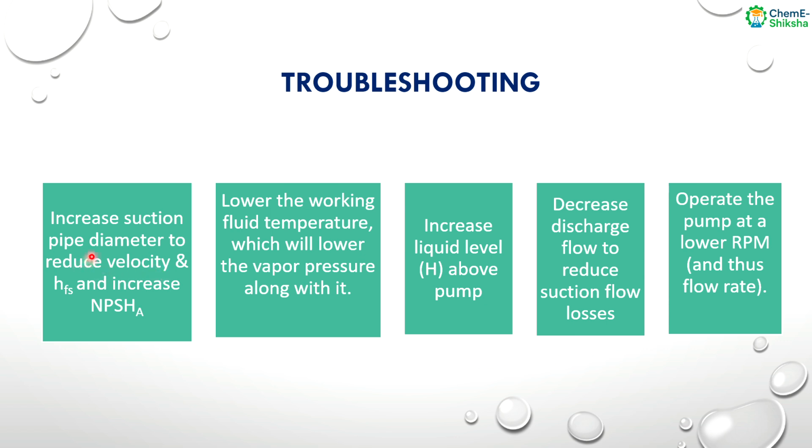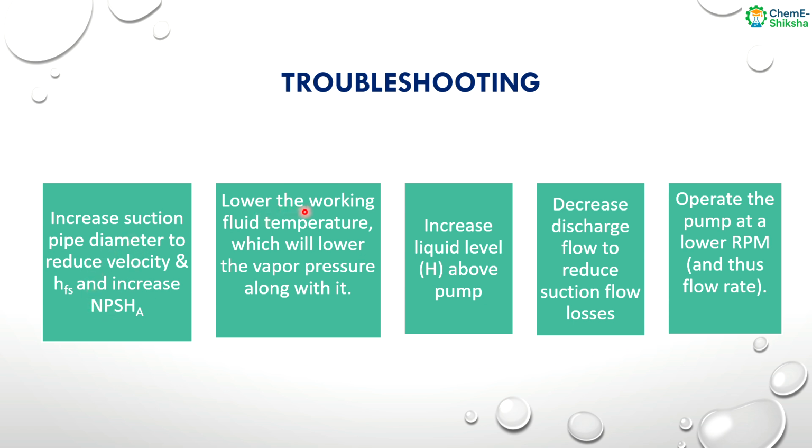So at the suction the velocity is decreased. As velocity is decreased, the frictional head loss is decreased, because we know that HFS is proportional to V square. So at the suction the frictional head loss is decreased. That means the head is more, that is NPSH available is more. So by increasing the suction pipe diameter, we can increase the NPSH available.